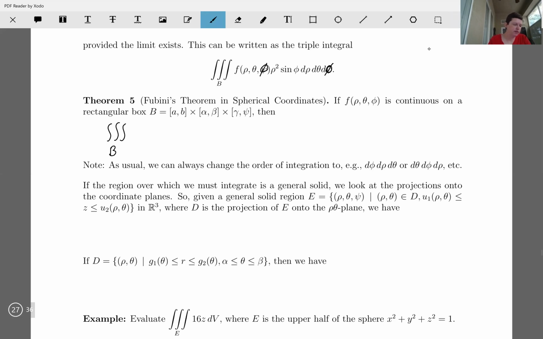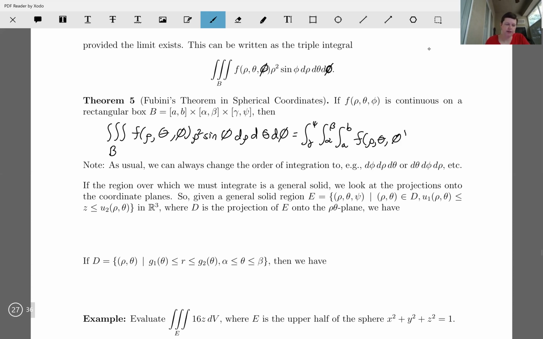The integral of f of rho theta phi, rho squared sine phi, d rho d theta d phi is equal to the integral from gamma to psi, the integral from alpha to beta, the integral from a to b of f of rho theta phi, rho squared sine phi, d rho d theta d phi.